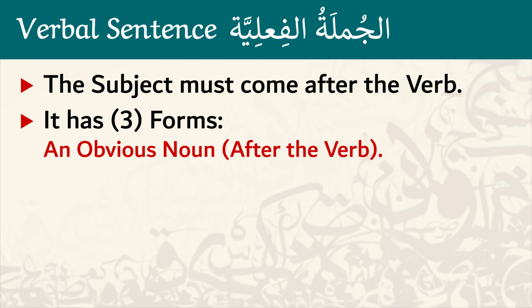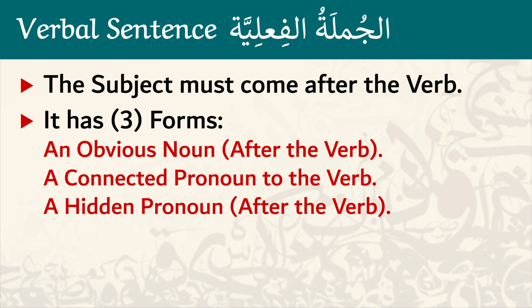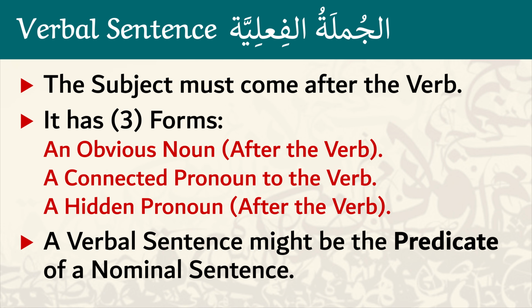It might be an obvious noun after the verb as a separate word. It might be a connected pronoun to the verb, or it might be a hidden pronoun which we can't see, but we can feel it from the context. A verbal sentence may show as the predicate of a nominal sentence or even as an adjective of a noun, as we will see later.